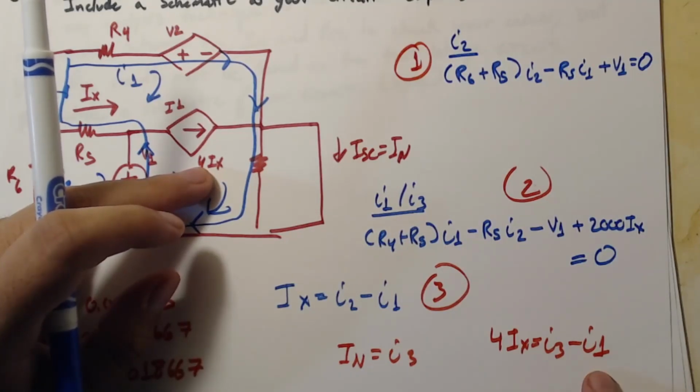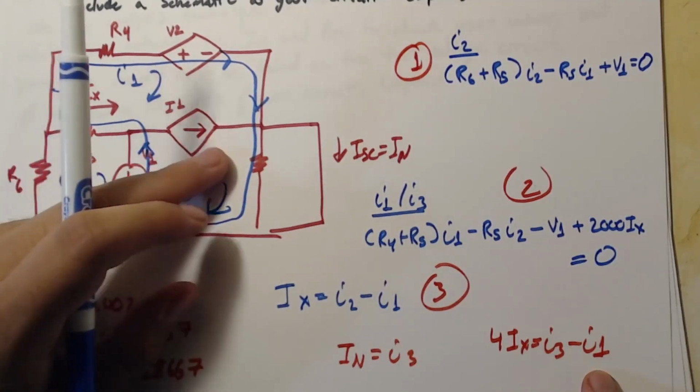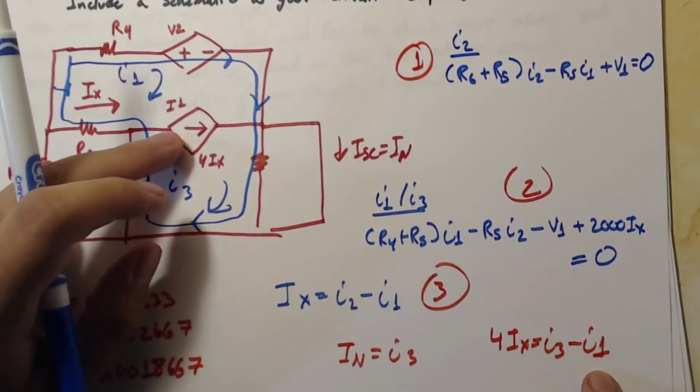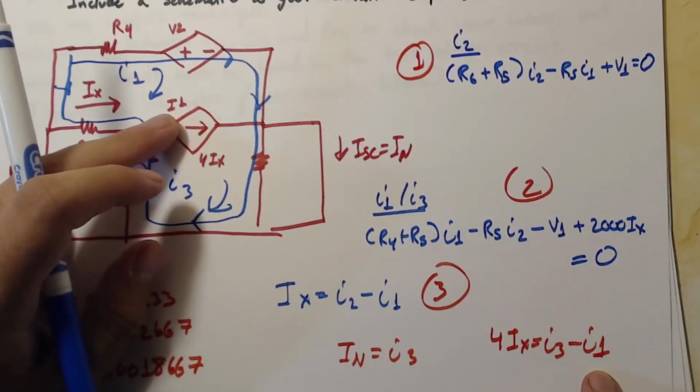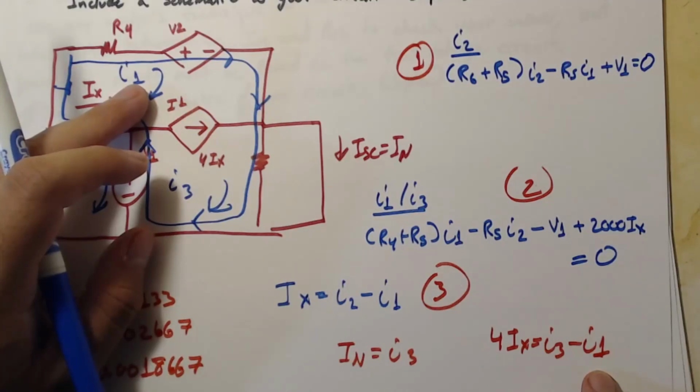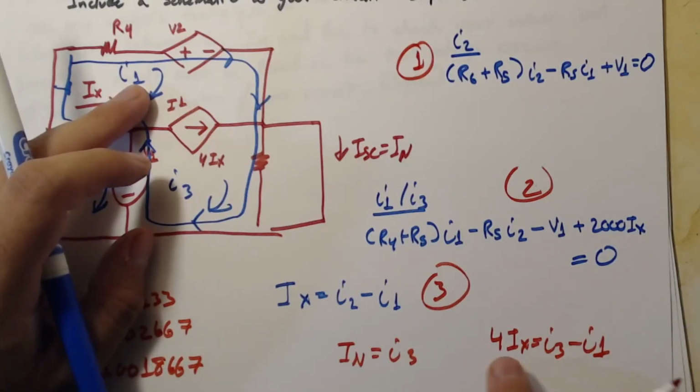So we also know that I3 is going here, and it agrees with current source I1, but disagrees with mesh current I1. So because of that, we can say that I3 is the plus and I1 is the minus.